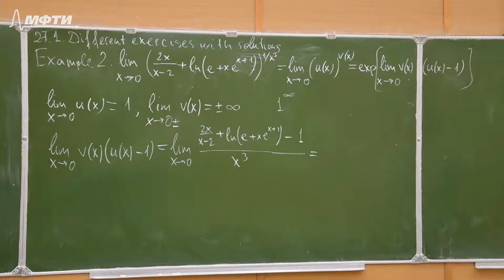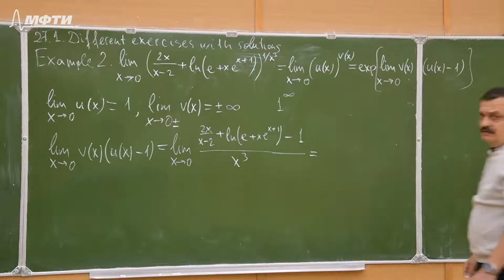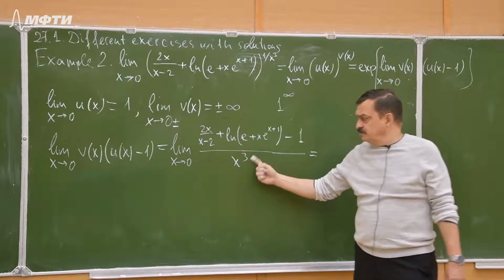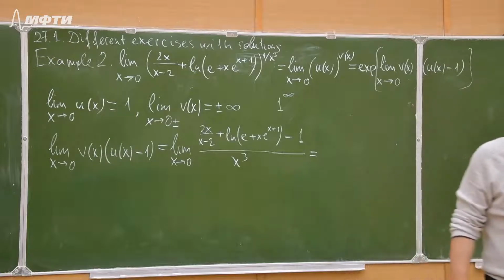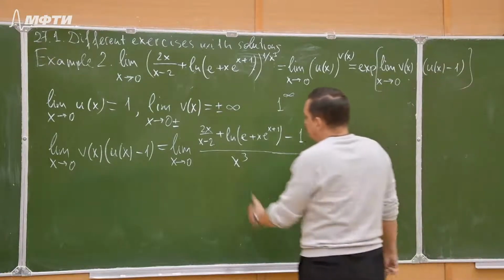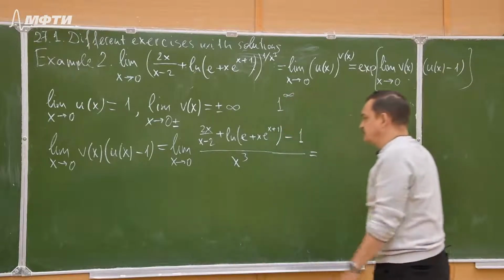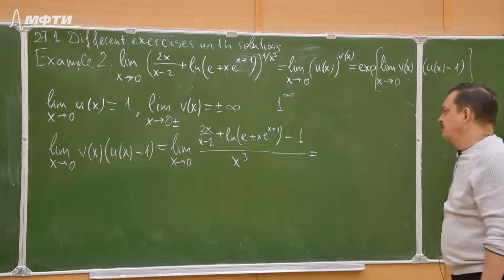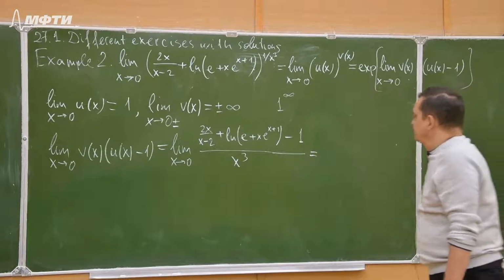Okay, so here the denominator shows immediately we should stop on power 3, only up to 3rd degree, no more.